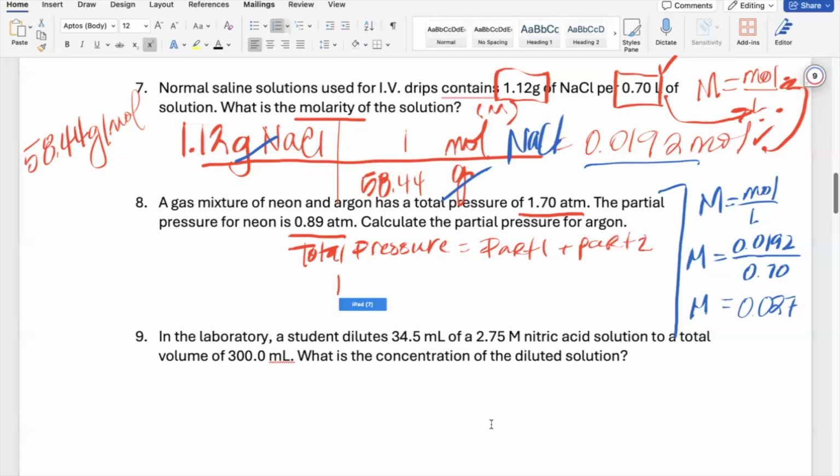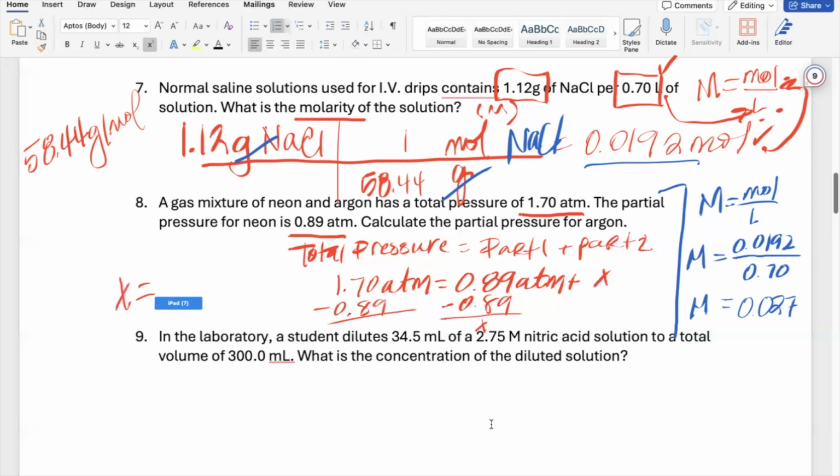If we have the total of 1.7 atmospheres, and we know that one of the parts is 0.89 atmospheres, we can solve for the other part by calling it x and subtracting 0.89 from each side to get x by itself. So 1.7 minus 0.89 gives 0.81 atmospheres. That one's pretty straightforward.